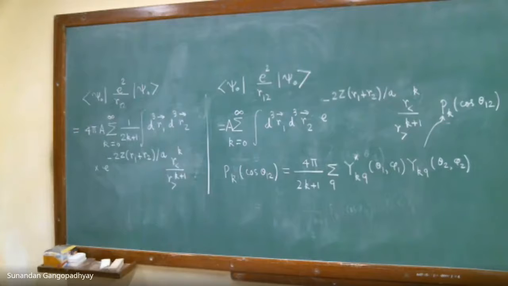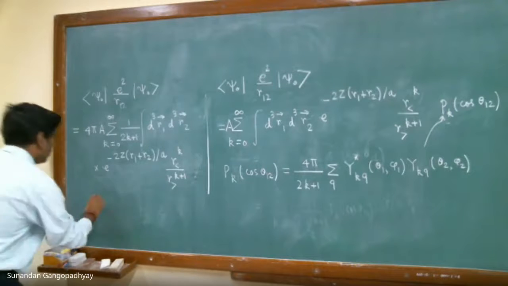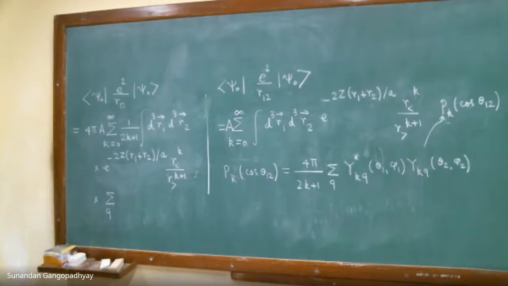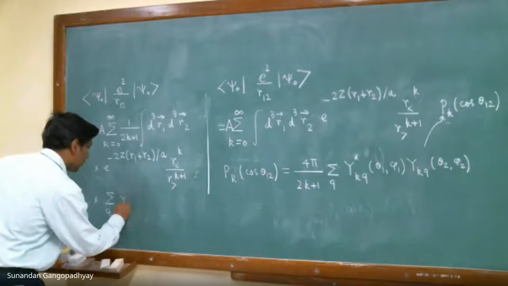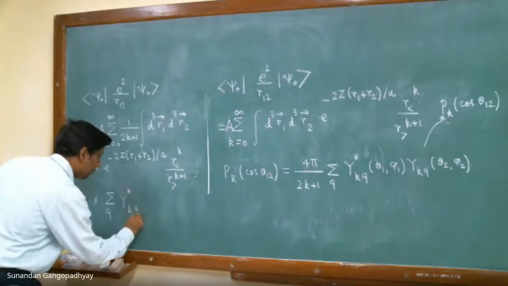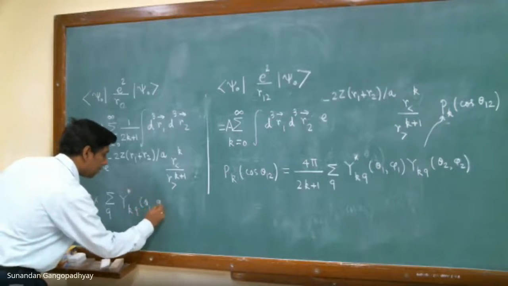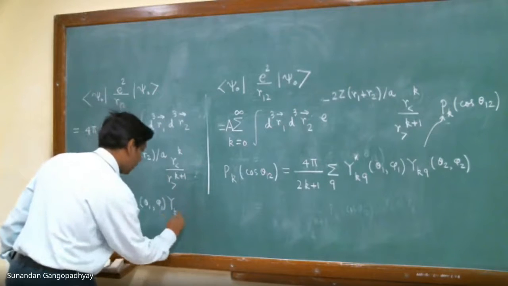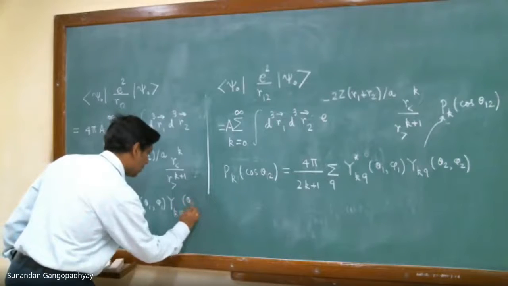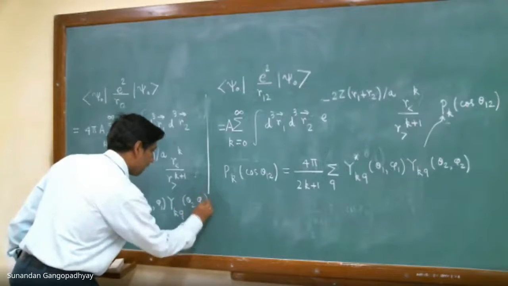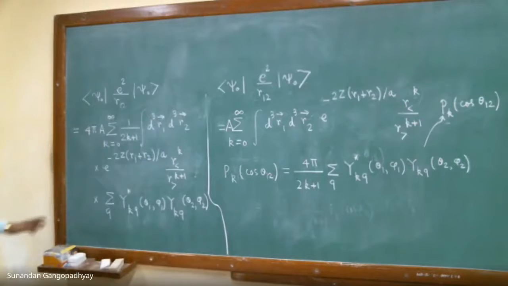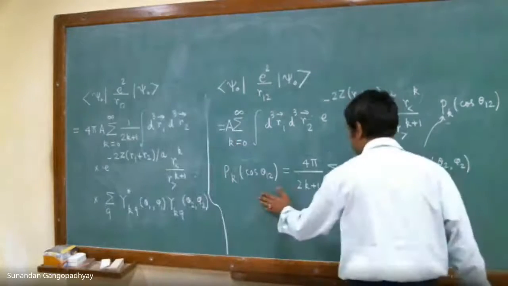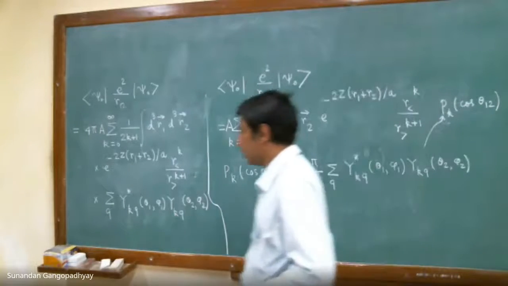This is what we have. And then this is multiplied by summation over q y star kq theta 1 phi 1 and y kq theta 2 phi 2.